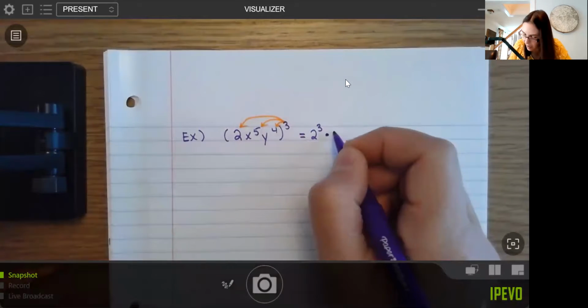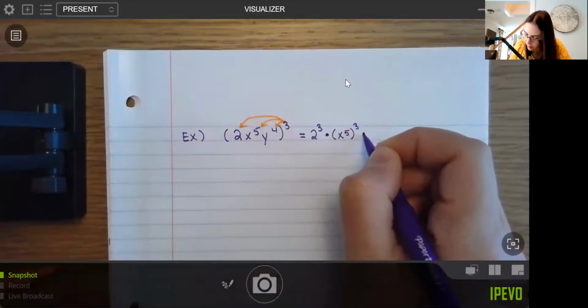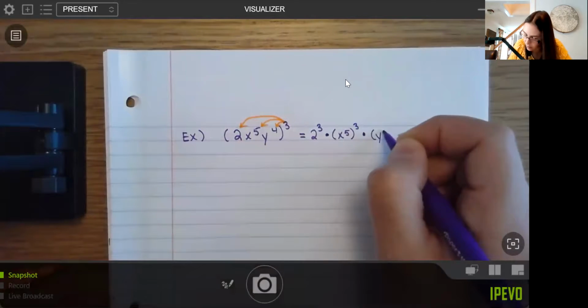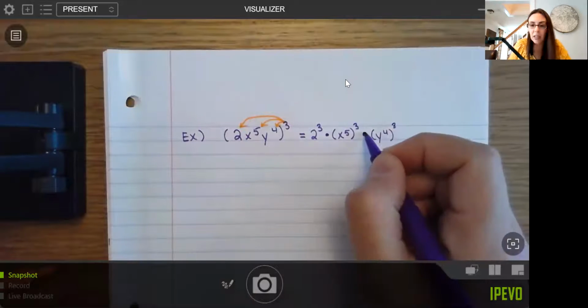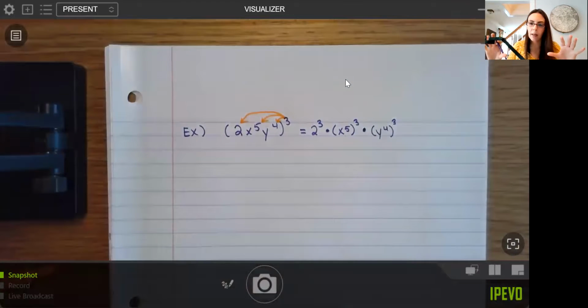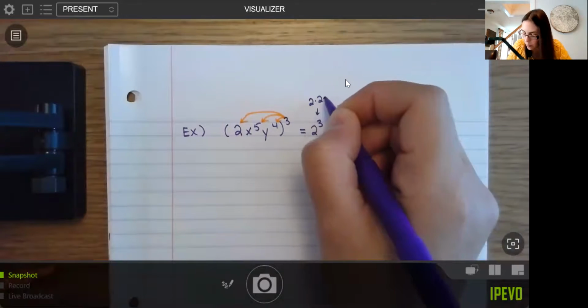Now here I have x to the 5th to the 3rd. And then here I have y to the 4th to the 3rd. Now you don't really need these extra multiplication symbols. I just find it easier to spread my work out a little bit, so I'm staying neater. So here, 2 to the 3rd, well, that would be 2 times 2 times 2, which is 8.